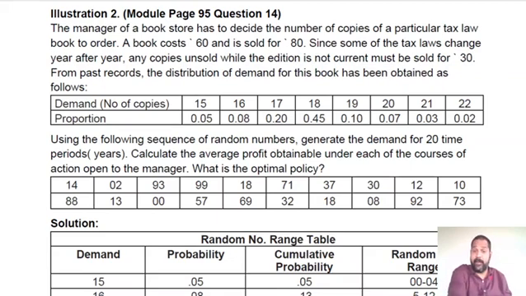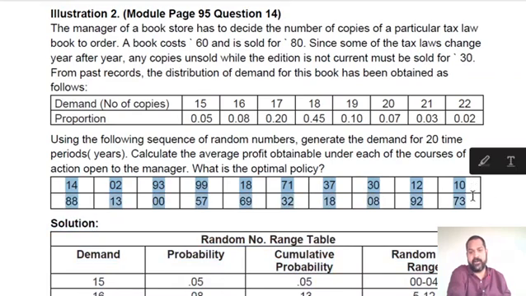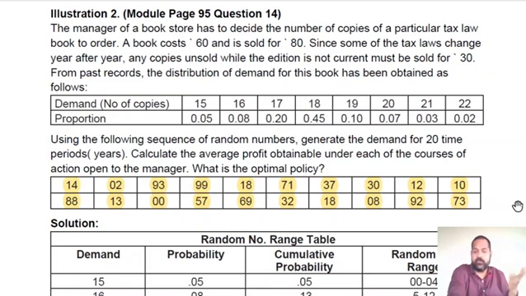Let's see how many random numbers they have given us here. 1, 2, 3, 4, 5, 6, 7, 8, 9, 10. Correct? 11, 12, 13, 14, 15, 16, 17, 18, 19 and 20. Perfect. They have given us 20 random numbers and 20 periods is what we have to predict for. So we have to use all the random numbers.